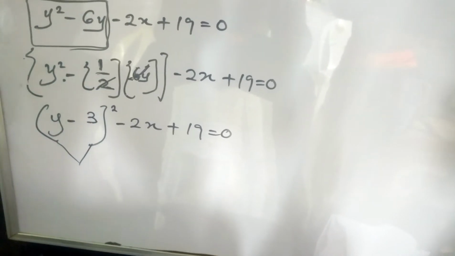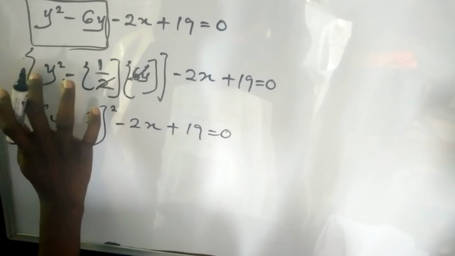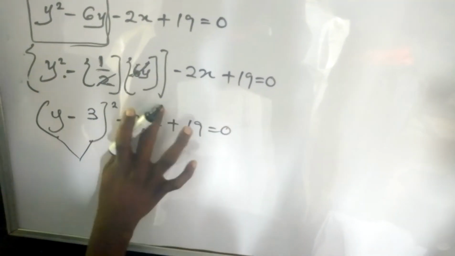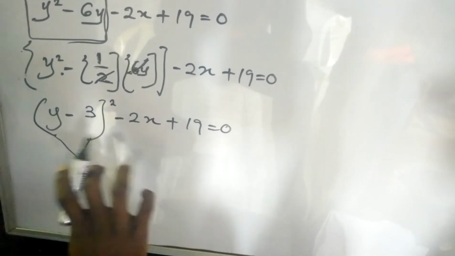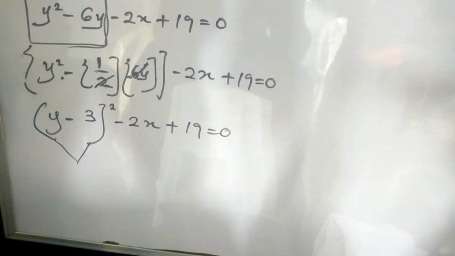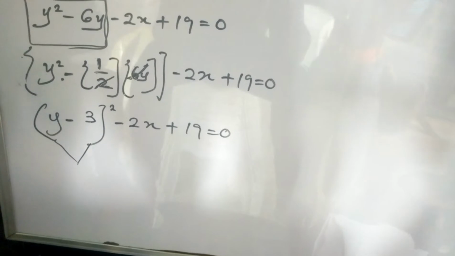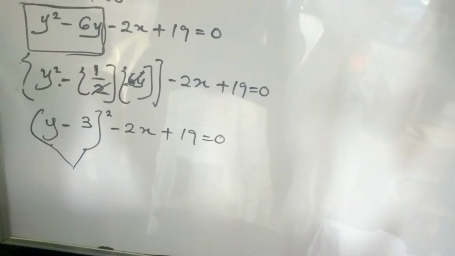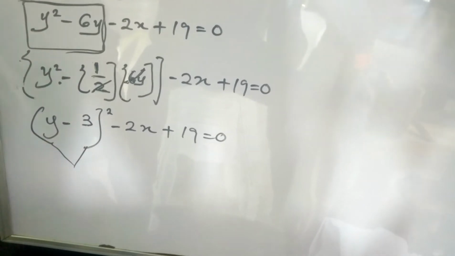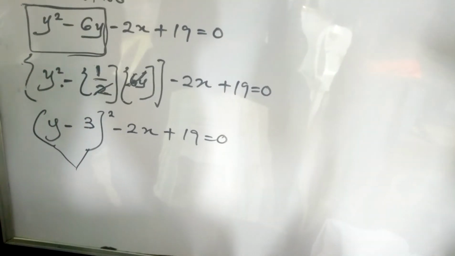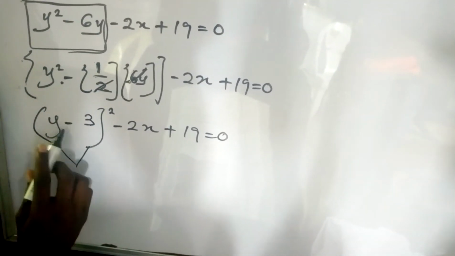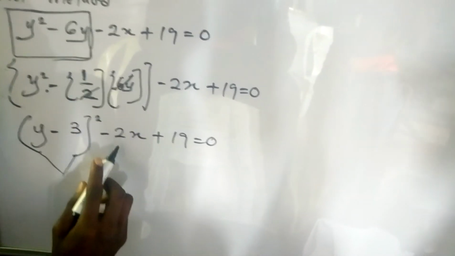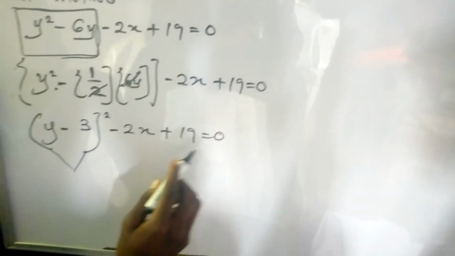So if there is 2y squared in the question, you can still solve it the same way. Do you understand? So the 2 will divide the 2. Okay. So now you are having y minus 3 close bracket square minus 2x plus 19 equals 0.